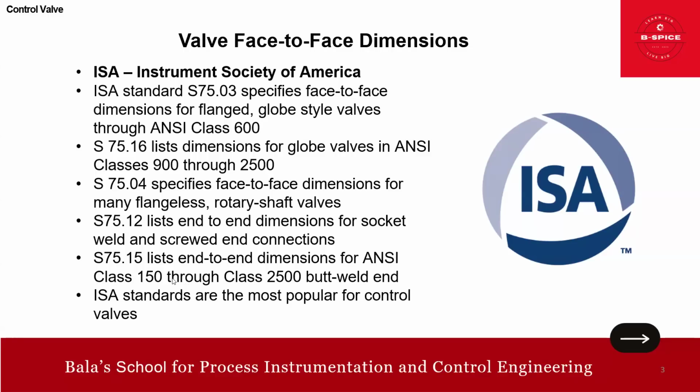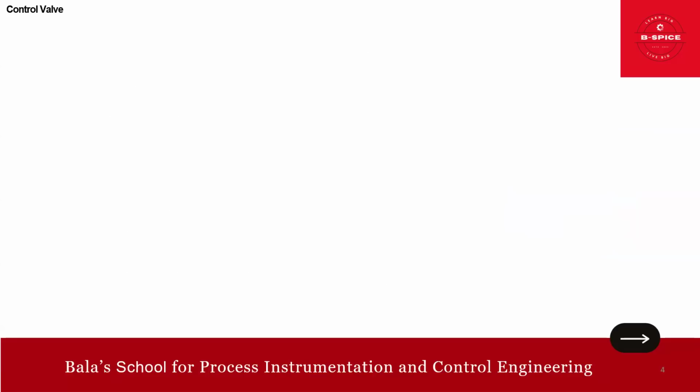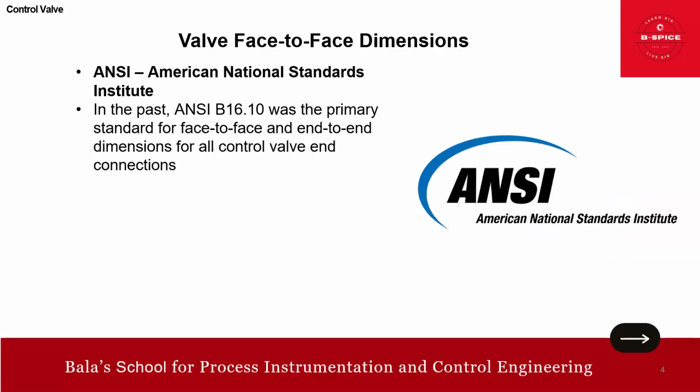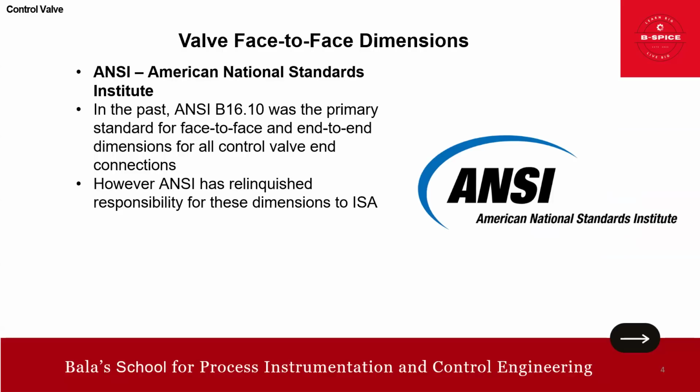We know ISA standards are the most popular standards for control valves. So this is about the ISA. Now we'll go to ANSI, American National Standards Institute. In the past, ANSI B16.10 was the primary standard for face-to-face and end-to-end dimensions for all control valve end connections. However, ANSI has relinquished the responsibility for these dimensions to ISA.